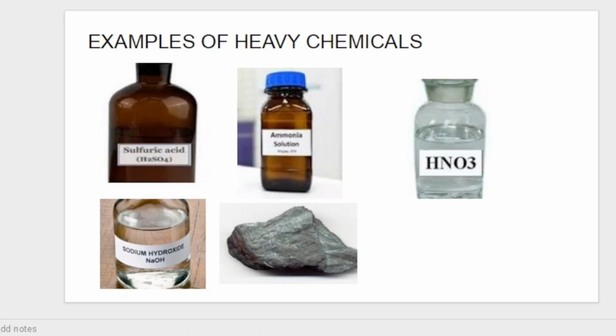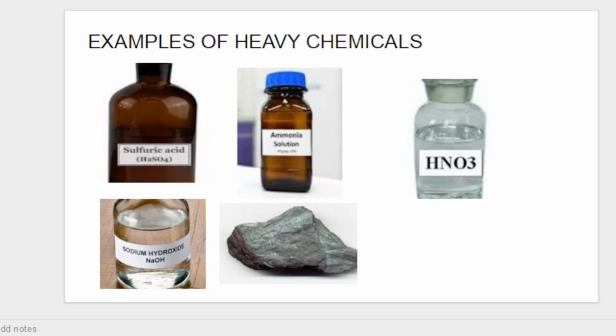Examples of heavy chemicals include sulfuric acid, that is tetraoxosulfate 6 acid, ammonia, trioxynitrate 5 acid, that is HNO3, sodium hydroxide, metallic ores such as iron ore.